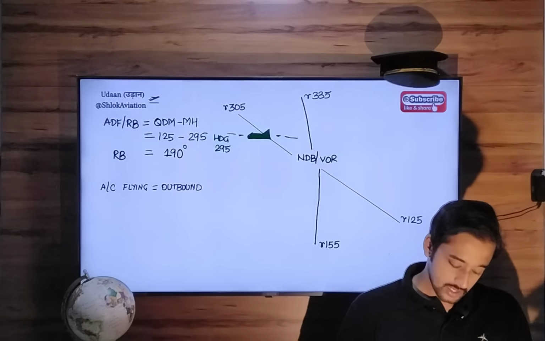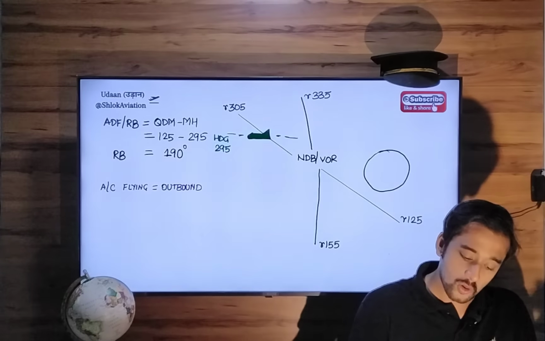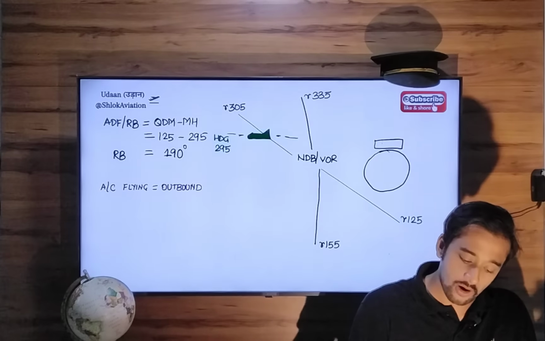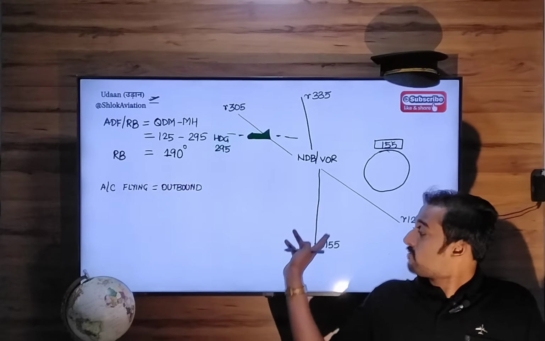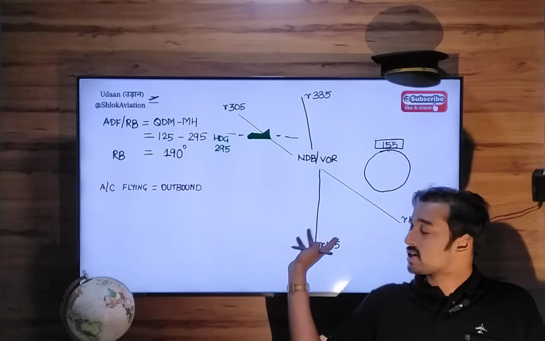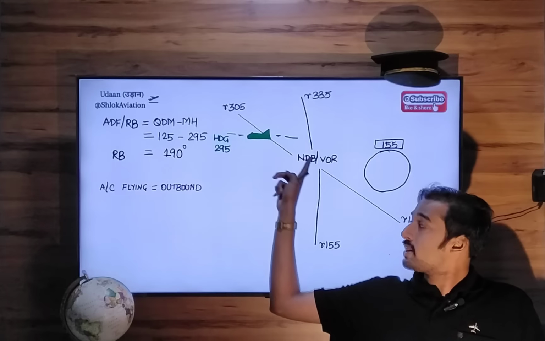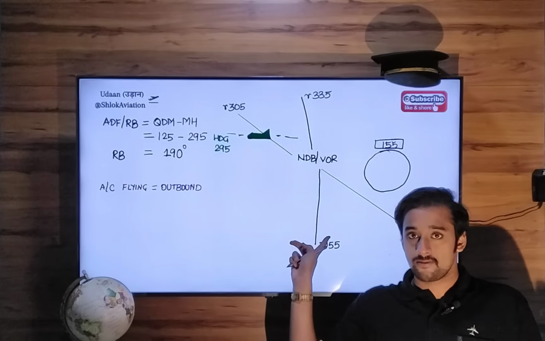right? But the OBS setting that the pilot has put is for inbound. So 155 is on this side of the VOR station. So to go towards 155, you will not fly outbound, but go inbound and then go towards 155.